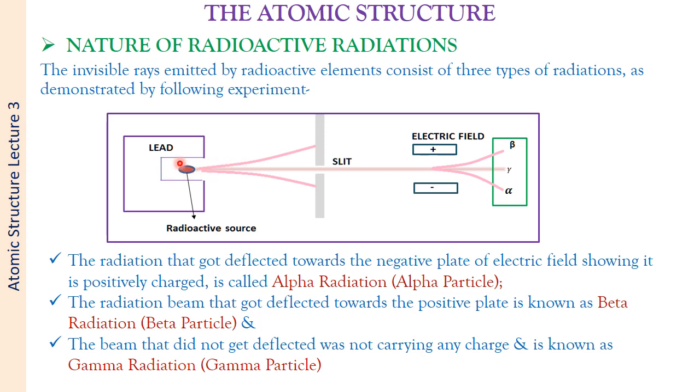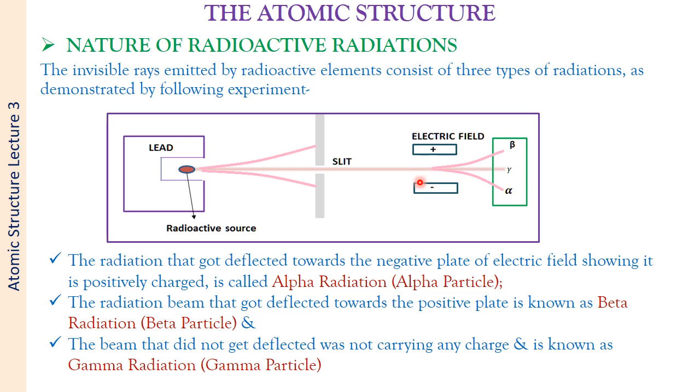This consisted of keeping a small portion of a radioactive substance in a thick lead box with a small hole, and then the radioactive radiations from the source were allowed to pass through a small slit so that only a narrow beam of the radioactive rays could pass through, and then this was subjected to an electric field, a positive and the negative plates of a very strong electrostatic field.